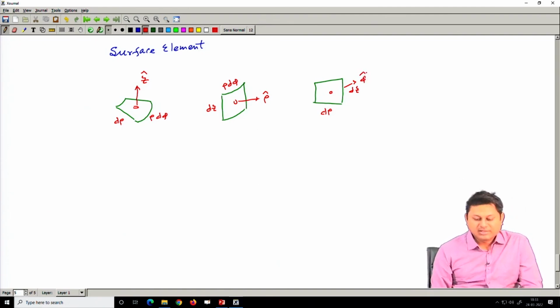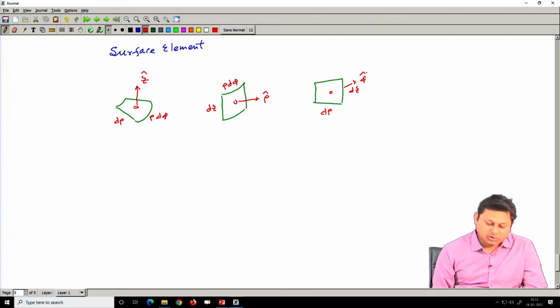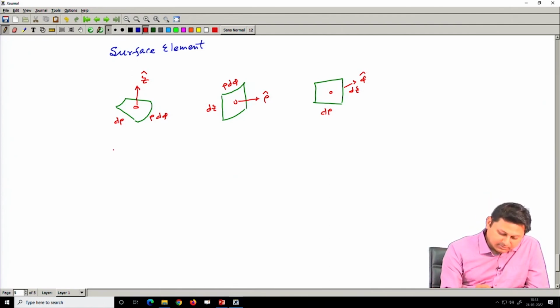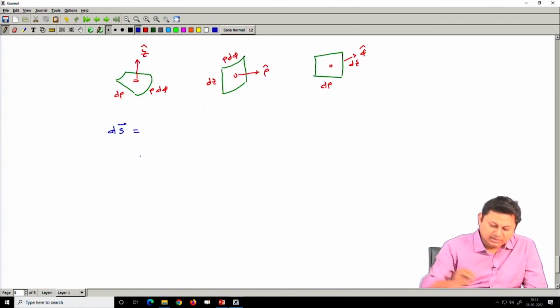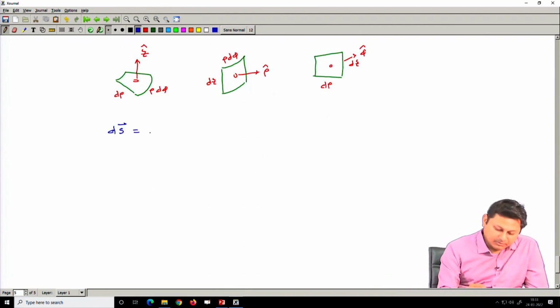Okay. So for these three surfaces I know these lengths, so I can find out the surface elements. So ds, the surface element here, is rho d rho d phi along the z unit vector.